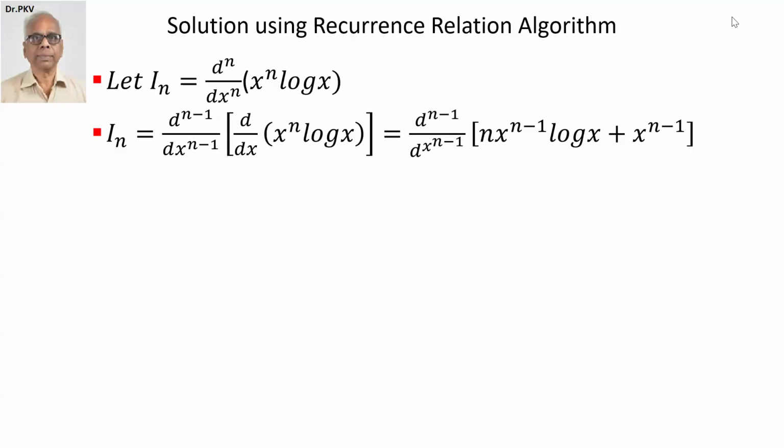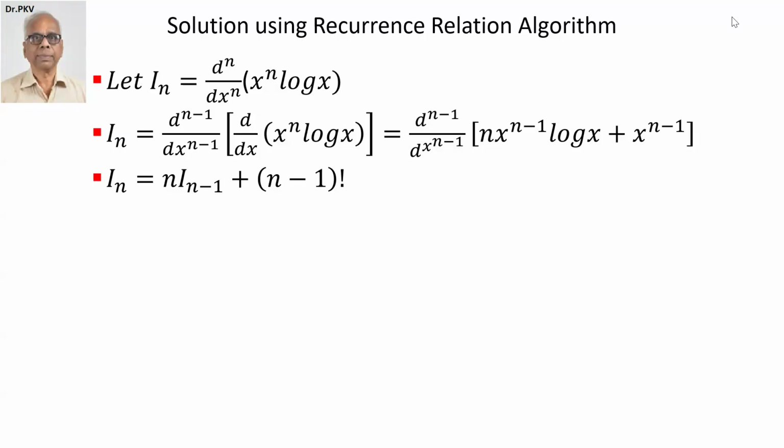Now, if you look at this inside, x^(n-1) log x, n is outside, n times x^(n-1) log x. If I differentiate n-1 times, it is the same as n times I_(n-1). The first expression, d^(n-1)/dx^(n-1) of n x^(n-1) log x, will result in n times I_(n-1).